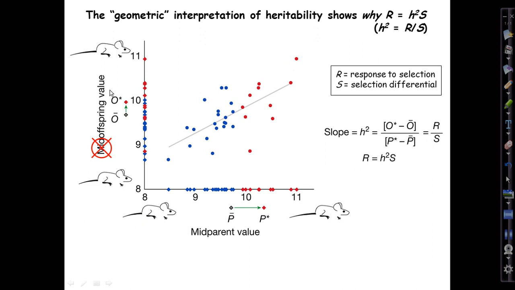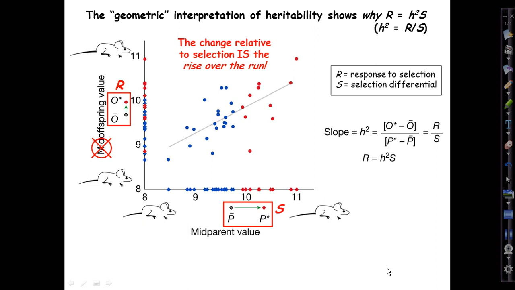The offspring movement is generally smaller than the strength with which we selected on the parents. It's literally R over S. We've boxed those. So the change achieved relative to the intensity of selection is the rise over the run in such a scatter plot.